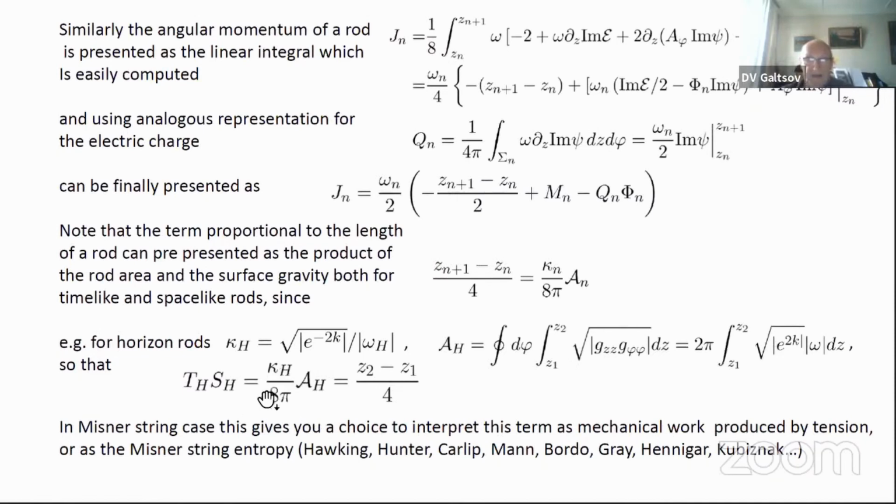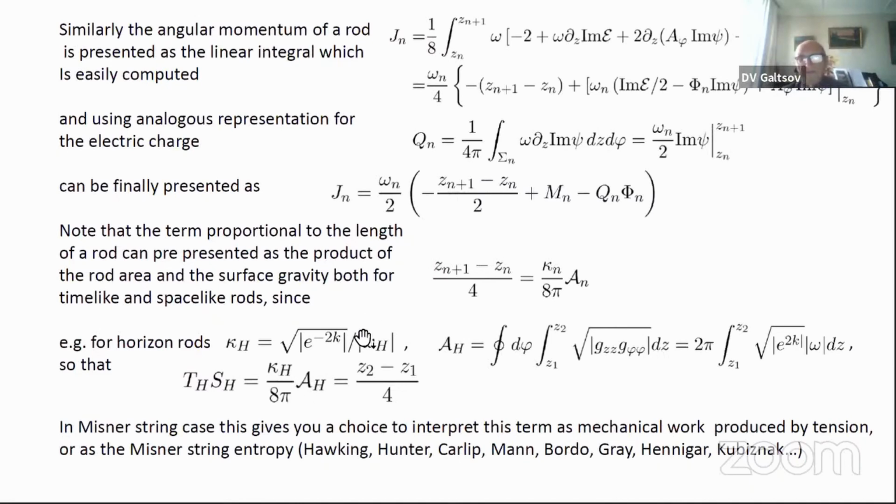So the correct identification of this is just that the distance along the axis is kappa, which is the surface gravity of the horizon, by the area of the horizon.